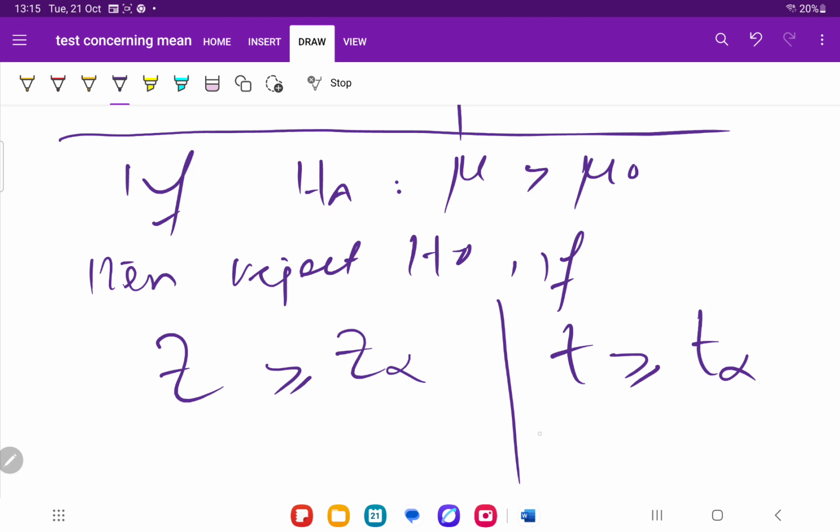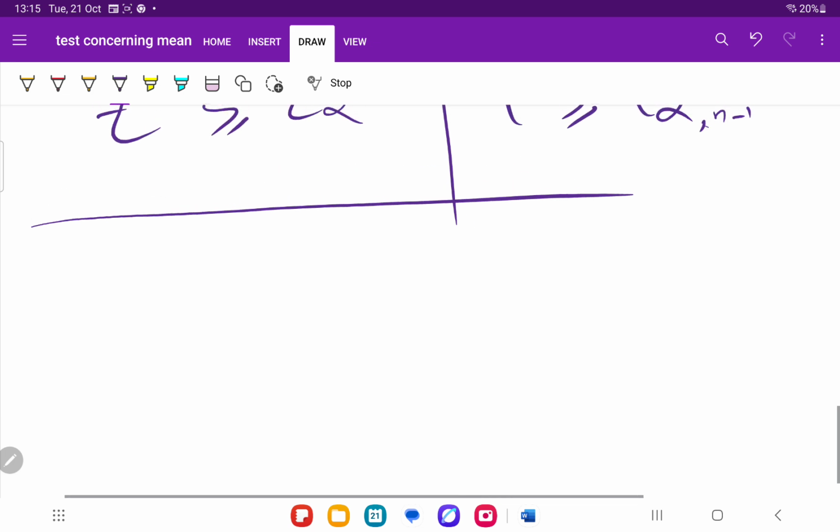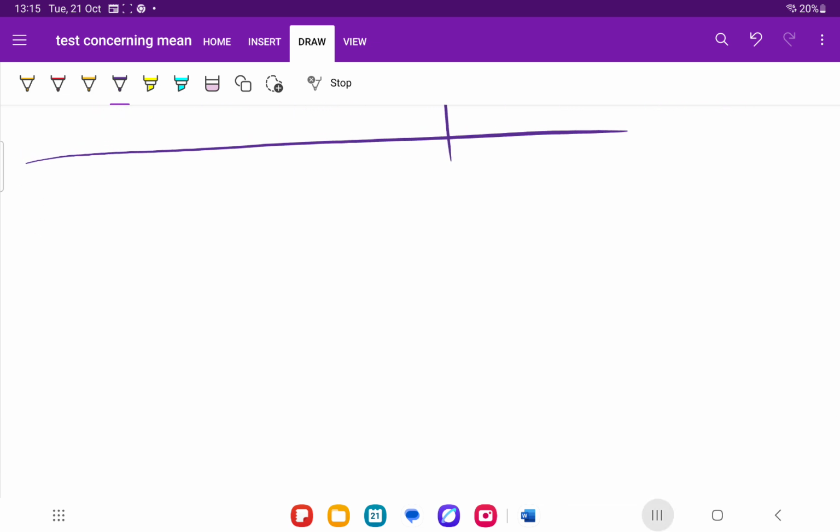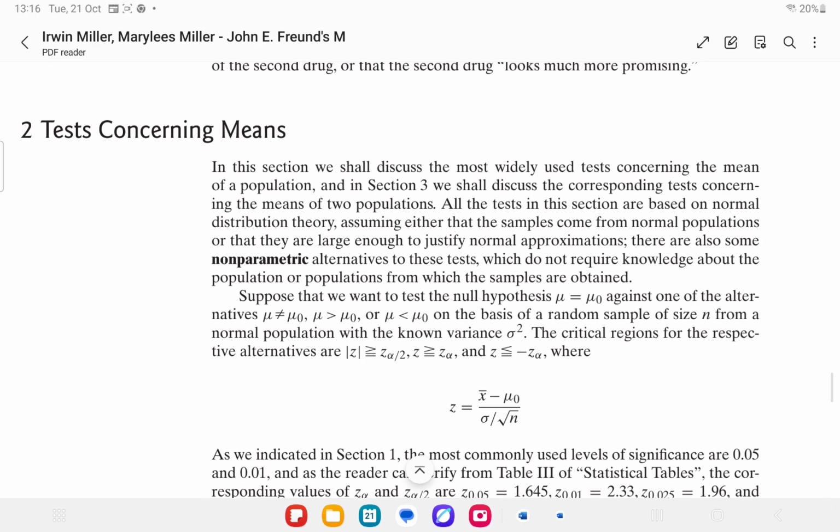So that is the rule. Along with T alpha, we have to consider the degrees of freedom as well, because each alpha is associated with degrees of freedom n minus 1 in the T table. Now we'll go for the question.